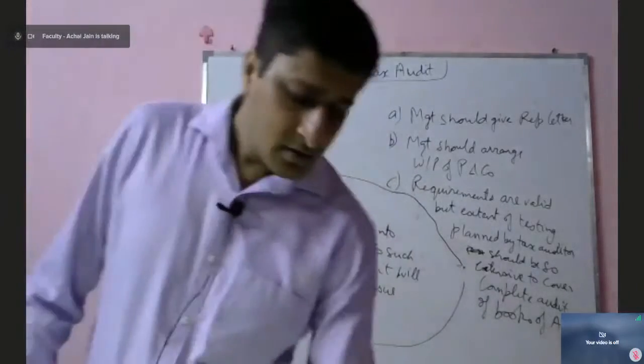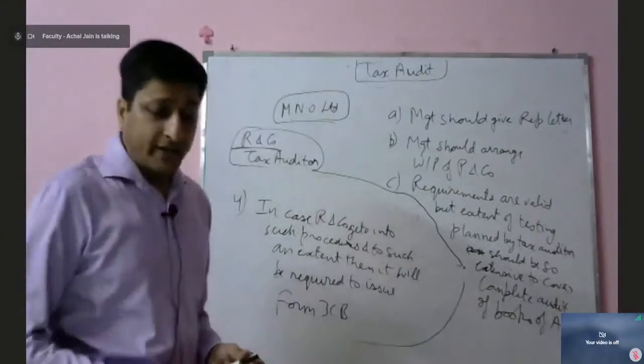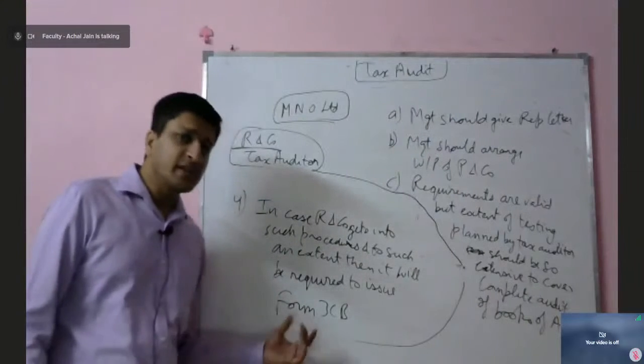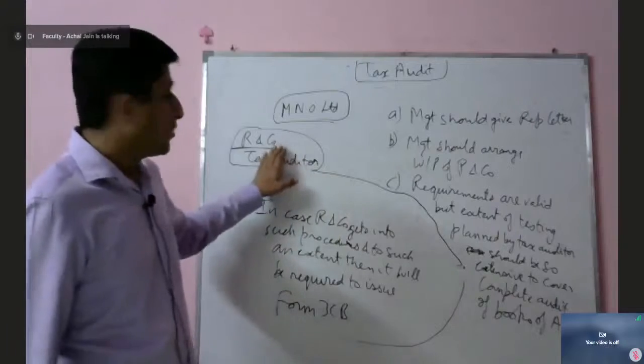Okay. So we are saying in case he gets into such an extent in terms of his audit procedures, then he will be required to issue Form 3CB instead of Form 3CA, which is currently applicable to R&D company.